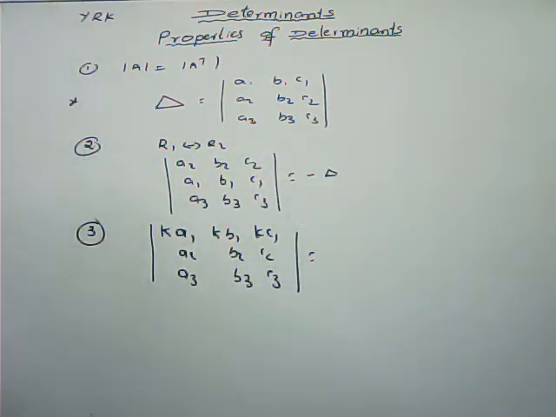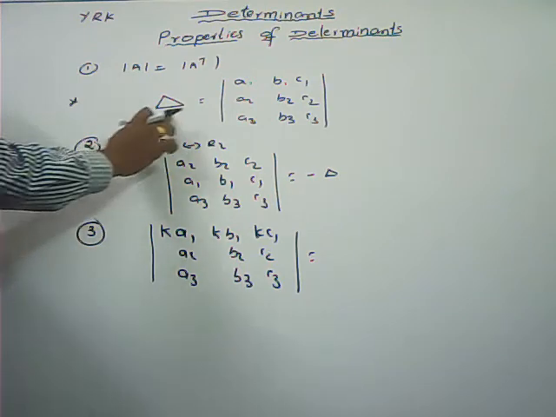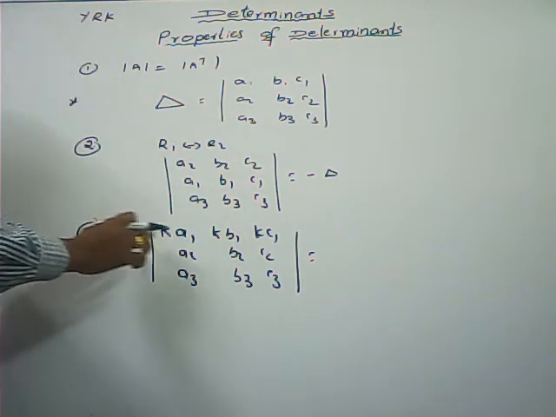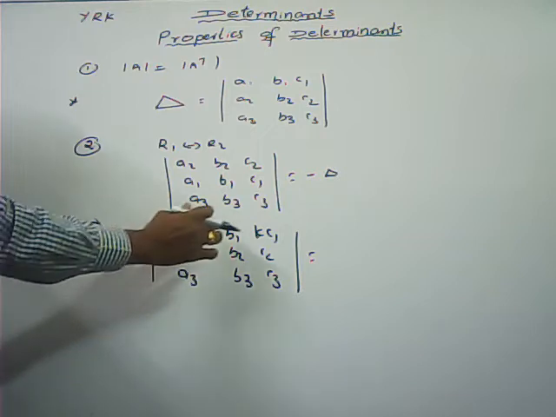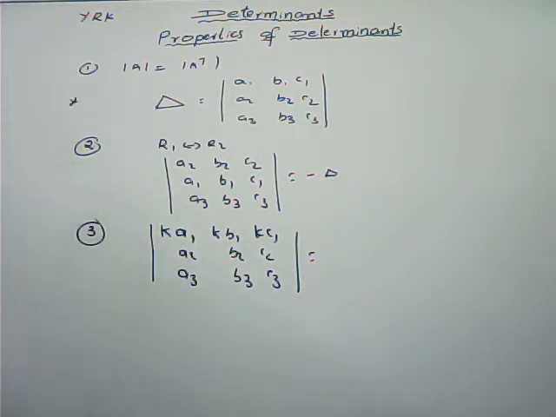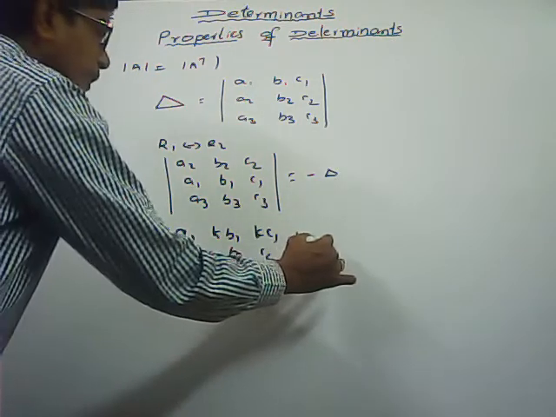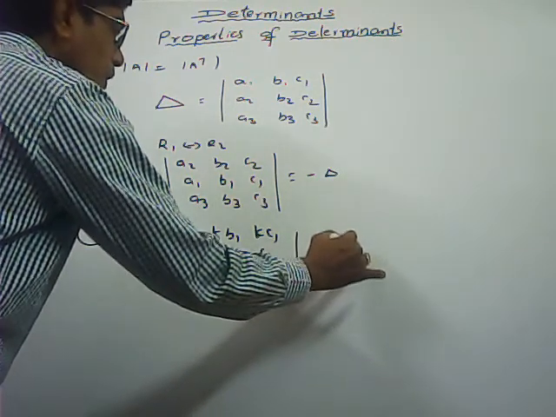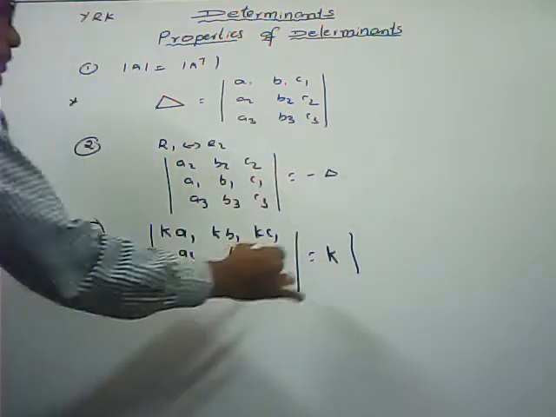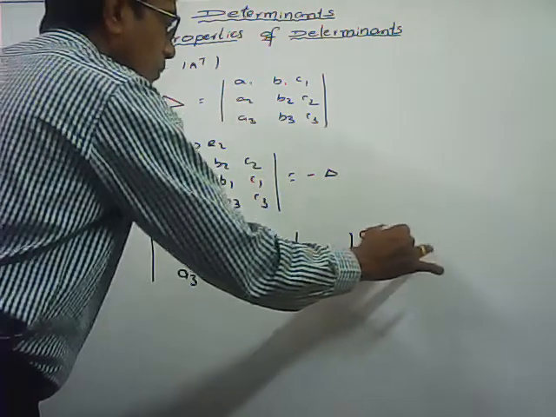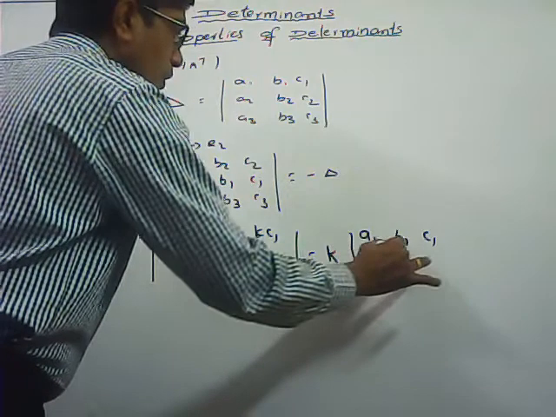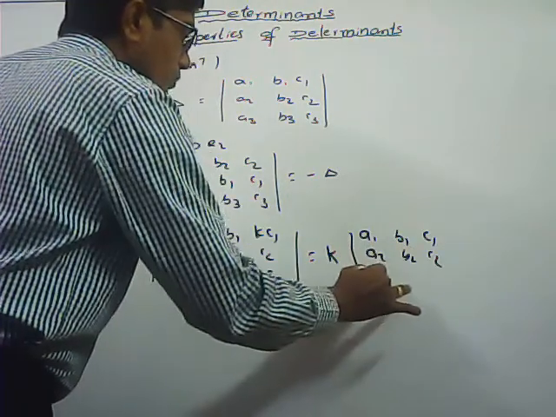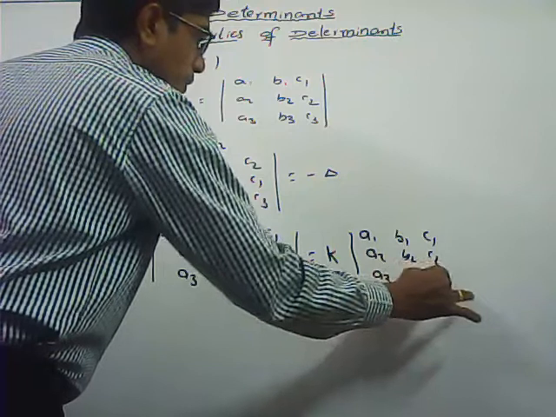Then this is the original value of the determinant. Here what I am doing, every element in the first row is multiplied by k, a non-zero real value. Then its determinant is equal to k times the value of the original determinant, a1, b1, c1, a2, b2, c2, a3, b3, c3.